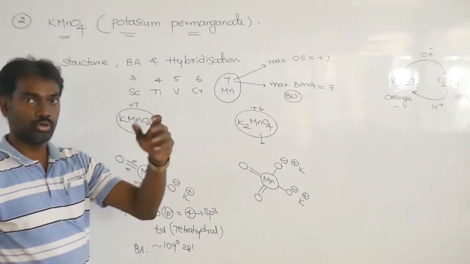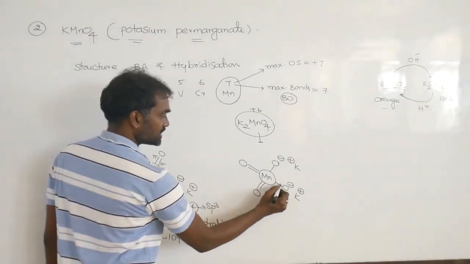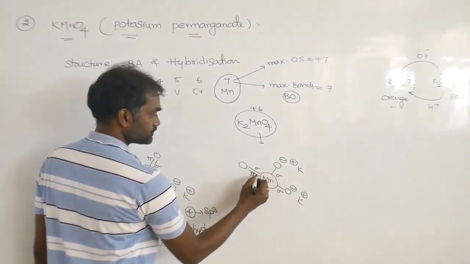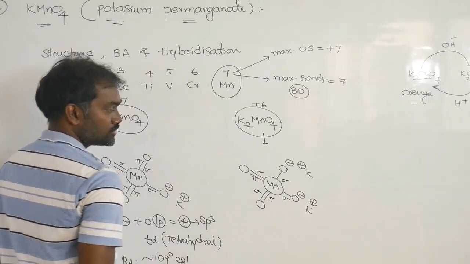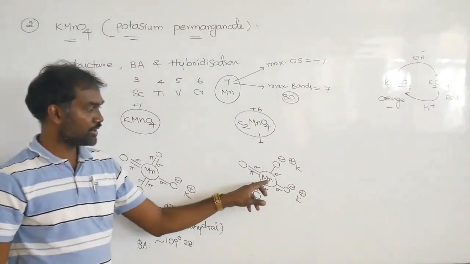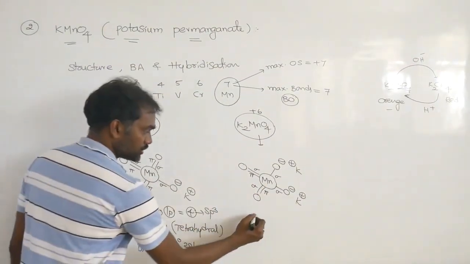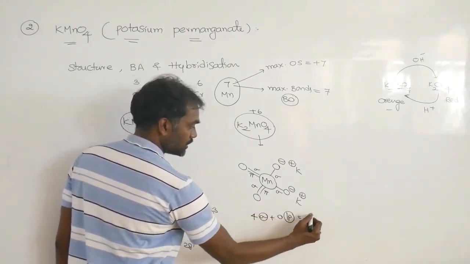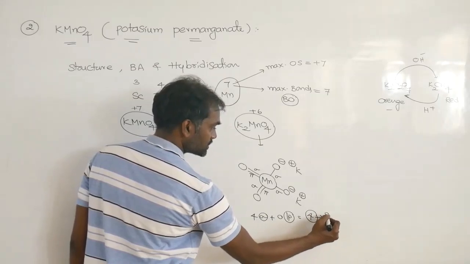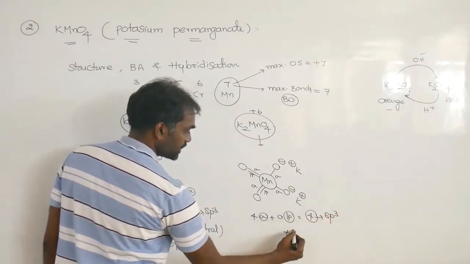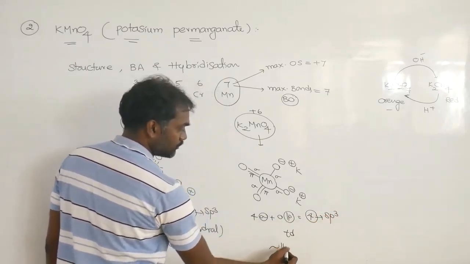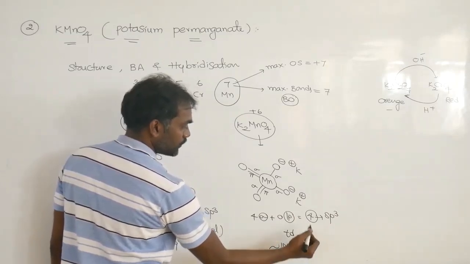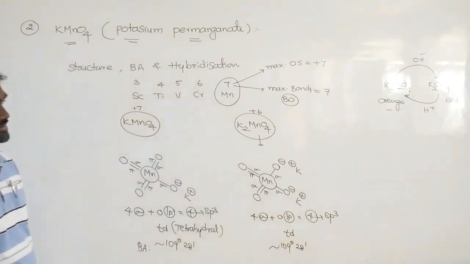Less than 7, no problem. So how many sigma bonds? The structure is related to sigma bonds and lone pairs only. So here also 4 sigma bonds, 0 lone pairs. So the number is 4. 4 means what? sp3. sp3 means structure is tetrahedral. Bond angle is nearer to 109 degrees 28 minutes.